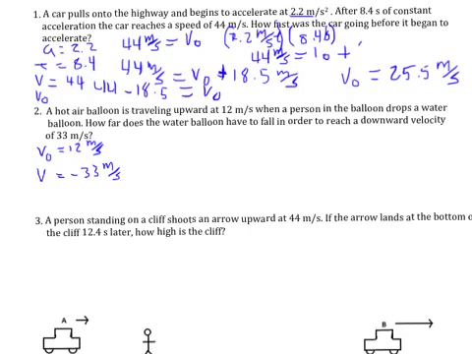And let's see, I have an acceleration that's equal to negative 10 meters per second squared, and what I'm trying to find is the change in position, which is really x minus x naught.